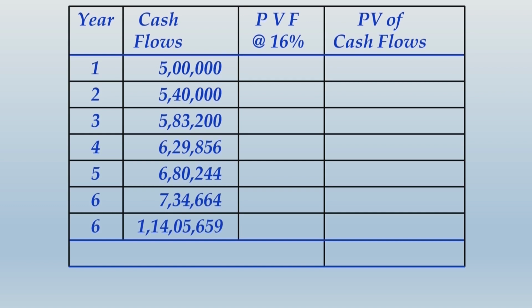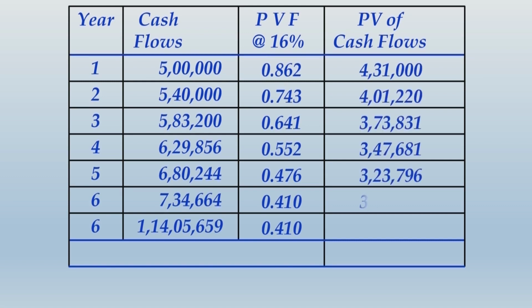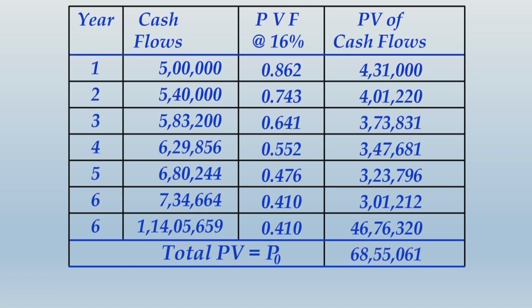So the terminal value, it is obviously after that 15% adjustment, and the PV factors are already given in the question. We would multiply these PV factors with the cash flows and what we get is the PV of cash flows, and when you add it up you get the total PV or the present value of the future cash flows and values. So that is 68,55,061. So note down this whole thing and then we shall move ahead.